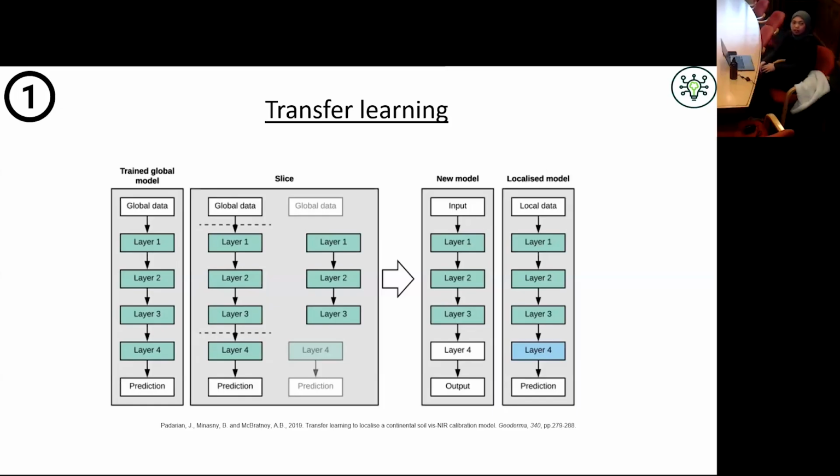It's basically where we take a trained global model, which here we refer to as the Australian model, and we slice several layers from the global model and put them into a new model, and we create the new model with exactly the similar architecture as the global model. And then the last step is we re-train the layers that haven't been trained before using the new local data, which here is the Tasmanian data.